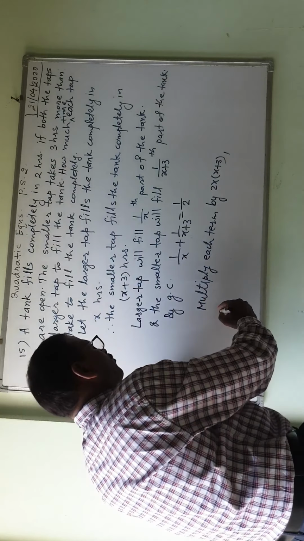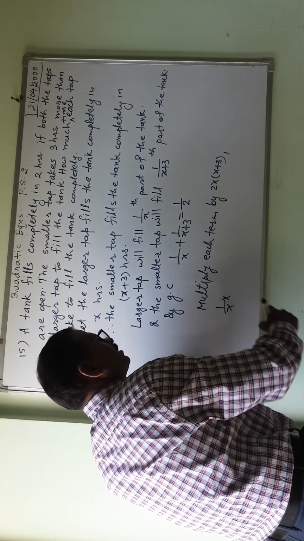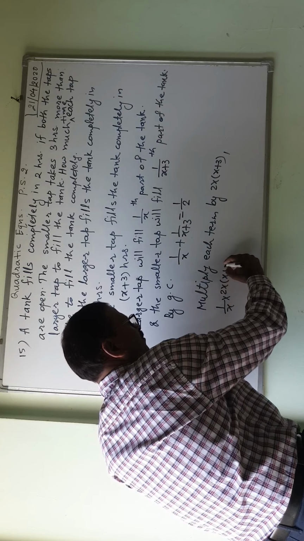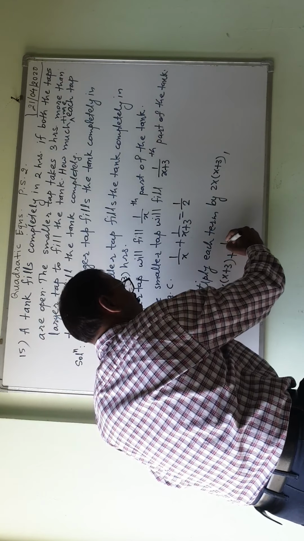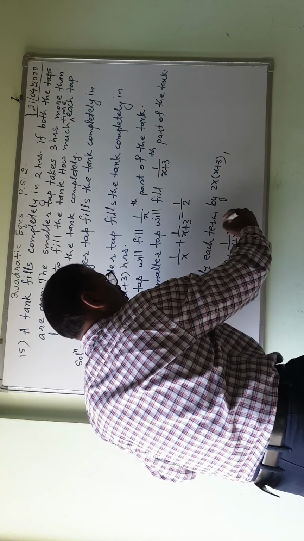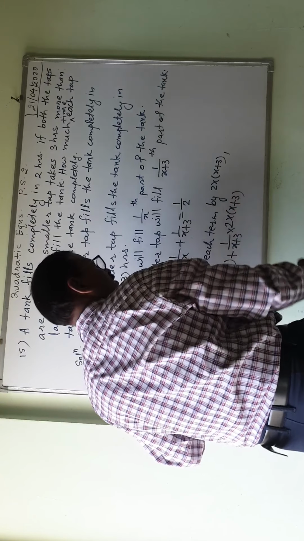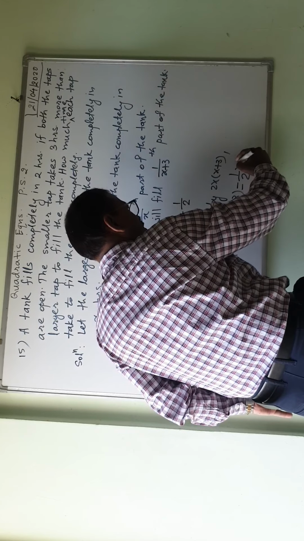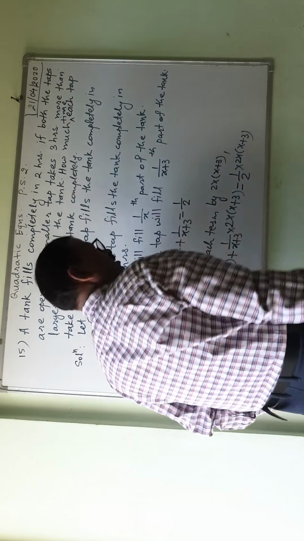We get 1 upon x into 2x into x plus 3, plus 1 upon x plus 3 into 2x into x plus 3, is equal to 1 upon 2 into 2x into x plus 3.